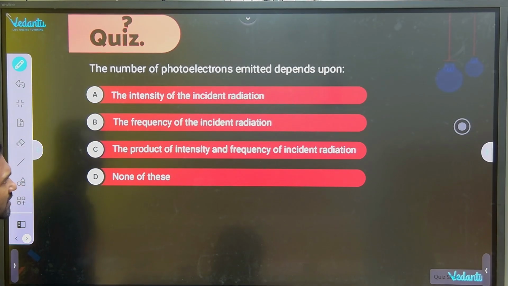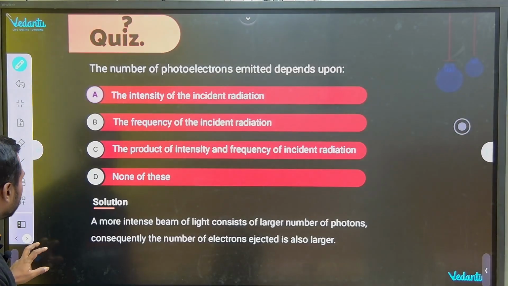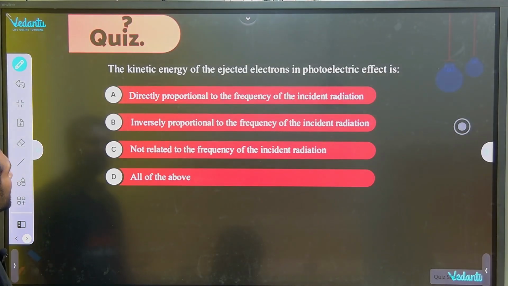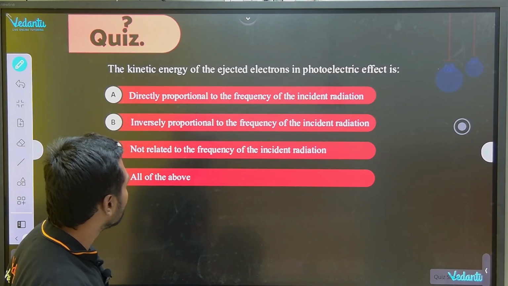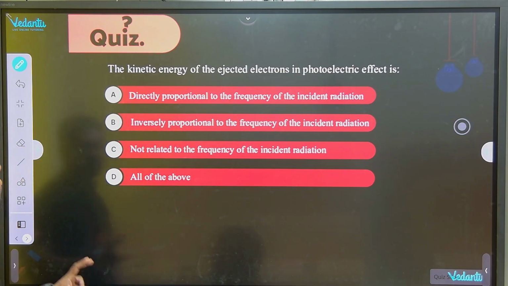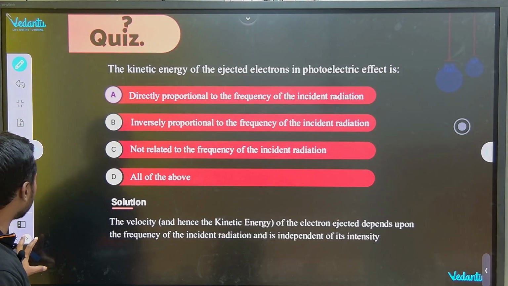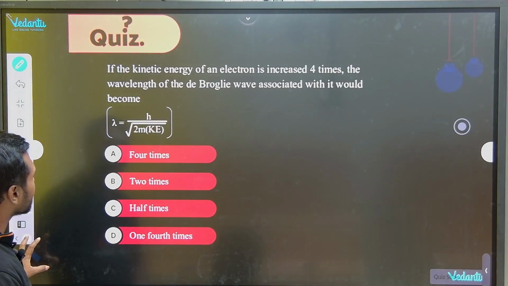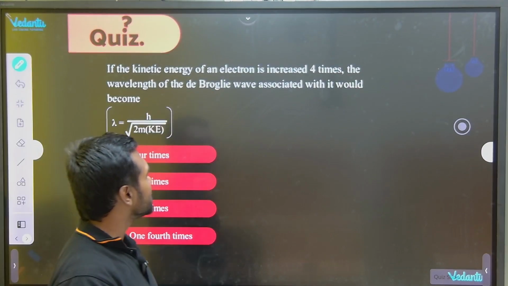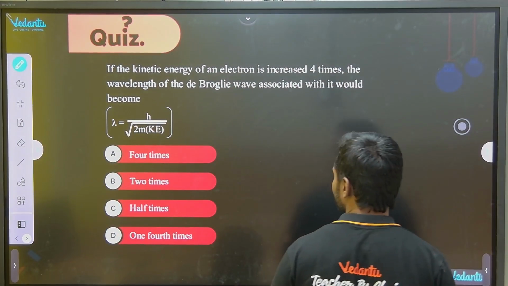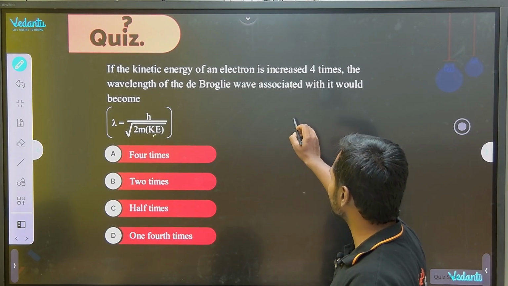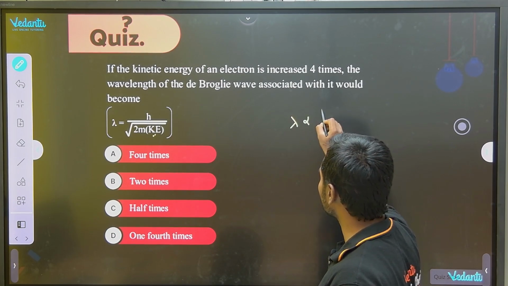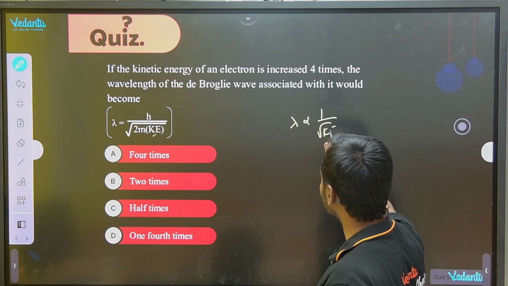The number of photoelectrons emitted depends on the intensity of incident light, as we said just now. The kinetic energy of ejected electrons in the photoelectric effect is directly proportional to the frequency. Just now we said if frequency increases, then the kinetic energy increases. The kinetic energy of the electron is increased 4 times. Then the wavelength: lambda is inversely proportional to the square root of kinetic energy.